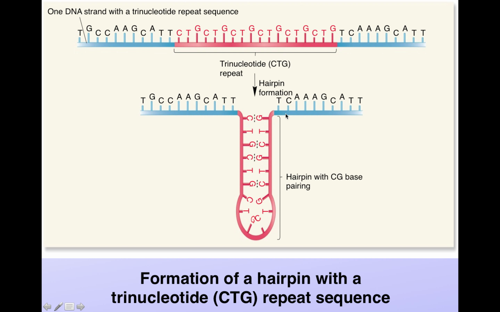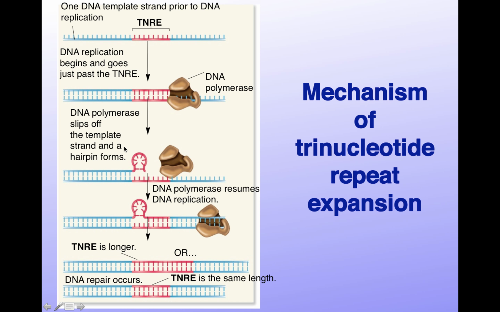Okay, something happens because of these repeated nucleotides over and over and over again. The DNA polymerase slips off the template and this hairpin forms. Instead of hydrogen bonding to the complementary strand, there's enough hydrogen bonding capability between the C's and the G's in the CAG repeat that you can form this hairpin.